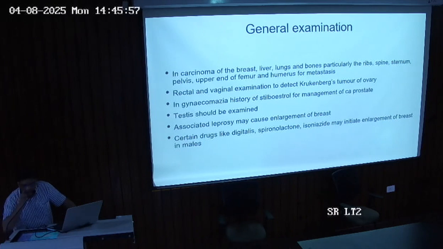Okay. And after inspection and palpation, there are some conditions like percussion. What can we find on percussion? Suppose the internal mammary lymph nodes are enlarged. In the axilla we can feel them, but how can you feel the internal mammary nodes when they are below the ribs? So the importance of percussion is there.